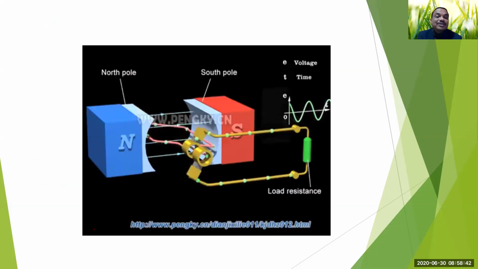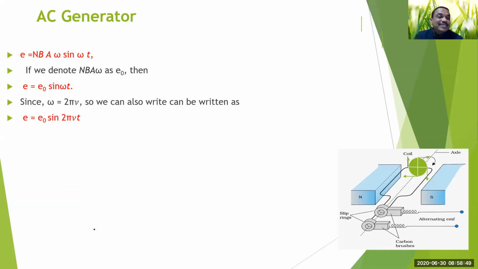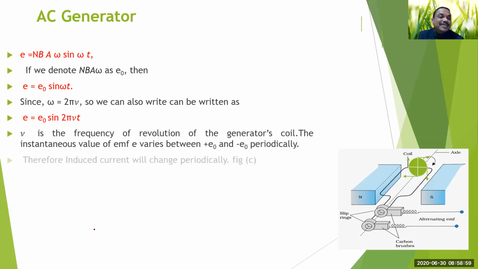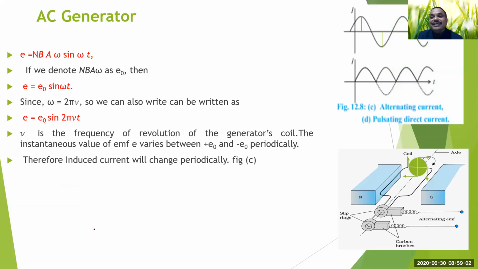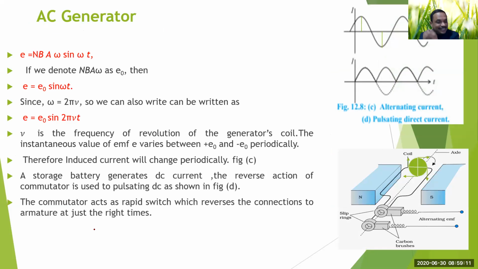If we substitute omega as 2 pi nu, then we get E equal to E0 sine 2 pi nu t. So here the induced EMF varies sinusoidally and changes its direction after each half cycle. Hence, it is called an alternating current or AC generator. If we place a commutator, it reverses the direction for a negative EMF and we get positive pulses as shown in figure D. So this is the construction of the AC generator.